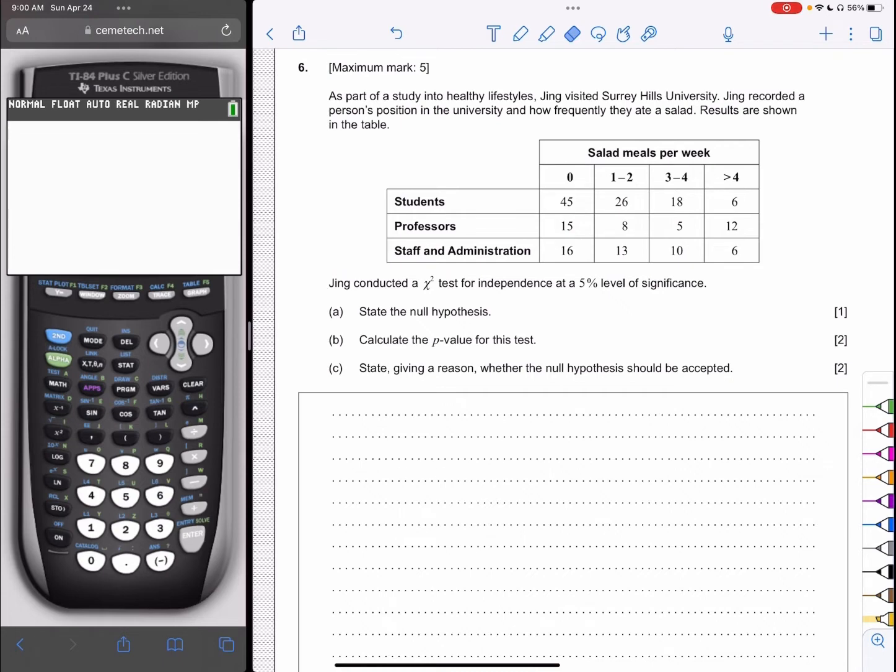So remember, anytime you have a null hypothesis in a chi-square test for independence, we are saying that the two variables are independent of each other.